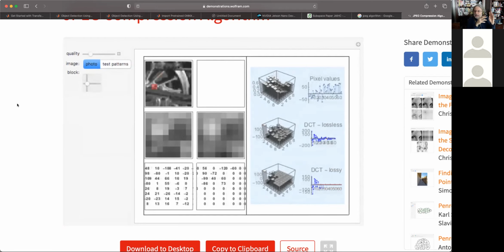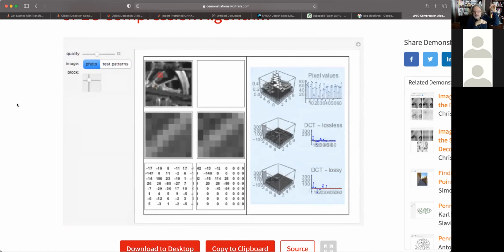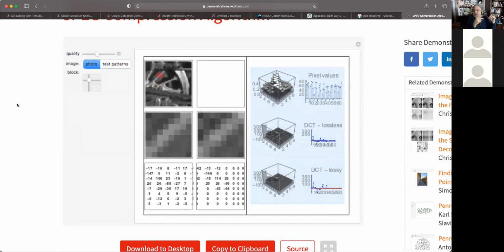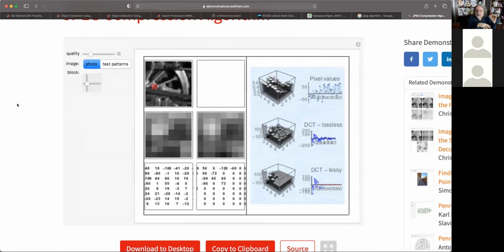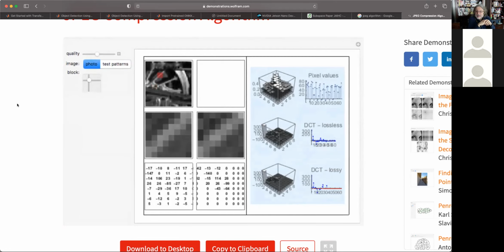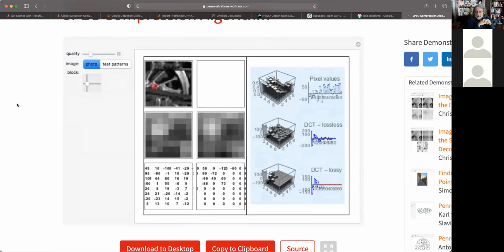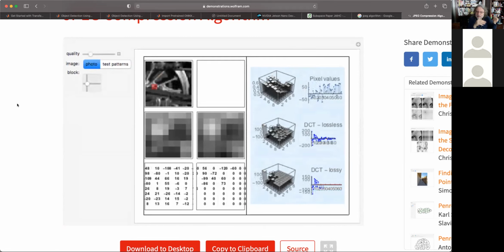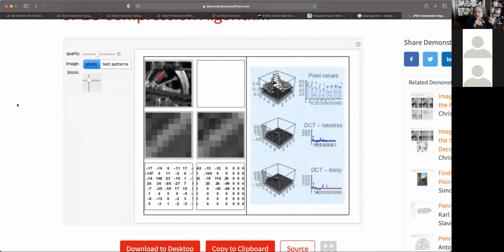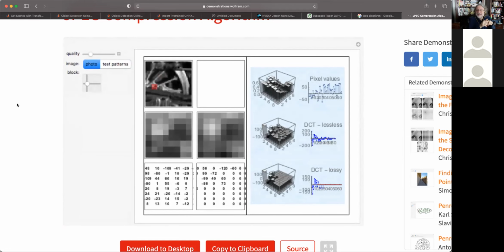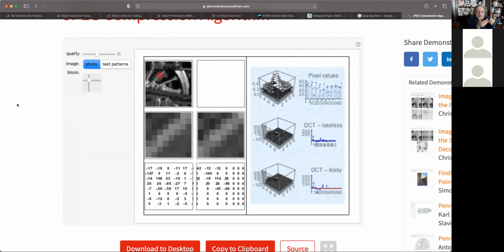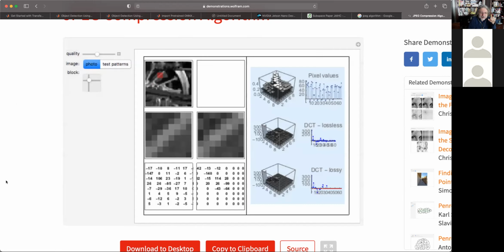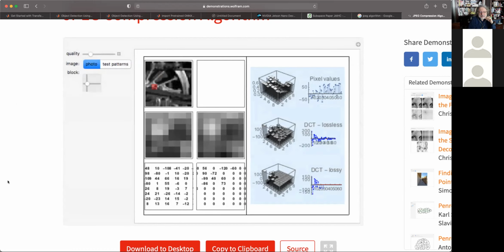And the corner, as you see, is a large number as opposed to the other values, which are the so-called AC coefficients, higher frequency coefficients, which are essentially smaller. And after the quantization of that, they become even smaller. And the one-dimensionalized versions of those two-dimensional discrete cosine transforms are also shown. And here you also see the matrix format of what you have in the DCT.